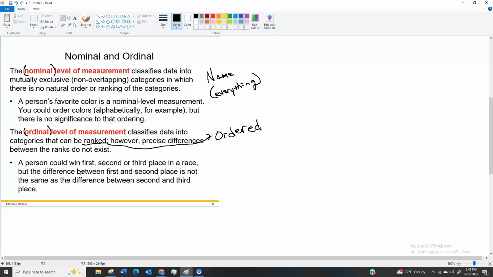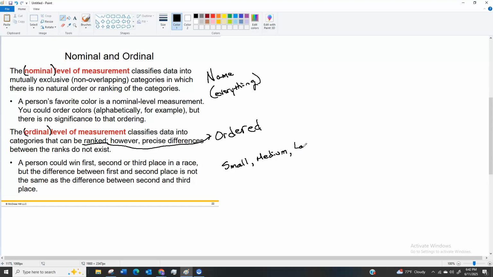So in this case, though, it doesn't have to be numbers. So for instance, when a person gets first, second, or third place in a race, that's the order that they came in. The first person, the second person, the third person. One that's maybe a little bit more obvious that it's not a quantitative value would be like small, medium, large. So small is smaller than a medium, is smaller than a large.